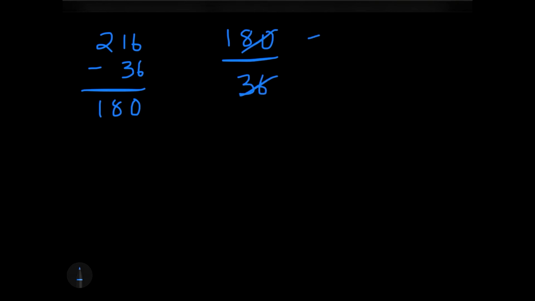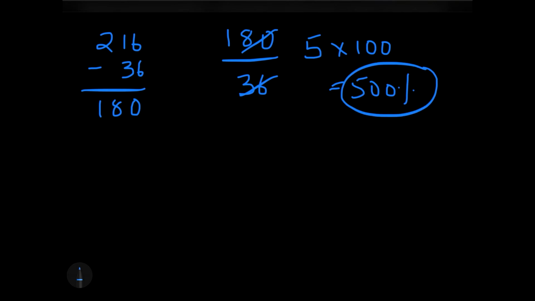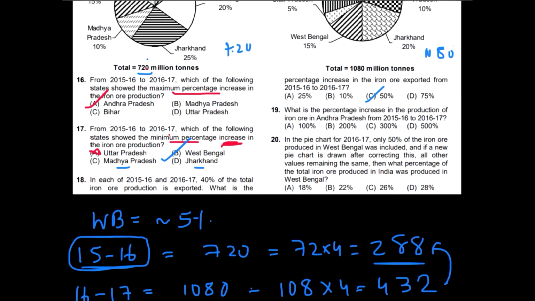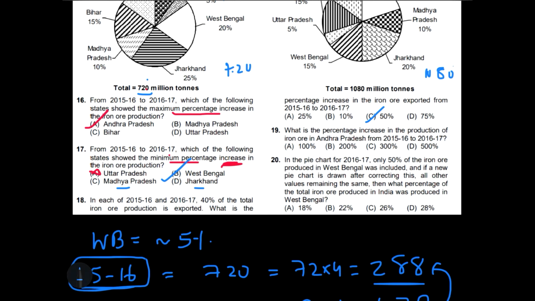So if I go below and I calculate, I know that 216 minus 36 would give me 180, and 180 when compared to the previous value of the pie chart, which is 36, will be 5 times, and 5 times is nothing but 500%. So the increase in the value of the Andhra Pradesh production would become 500%. And if I go up and I check my options, I can very well see option number D as my answer, that is 500%.